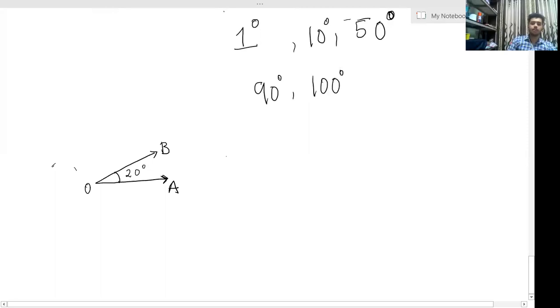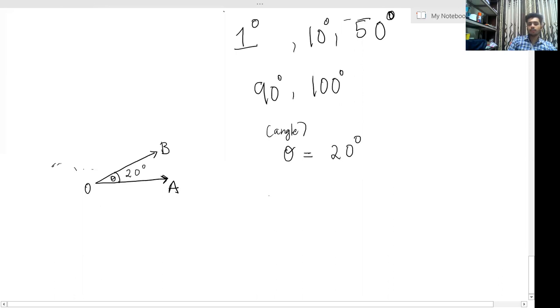The symbol for angle can also be theta. So I can say theta is equal to 20 degrees if I name this angle as theta.